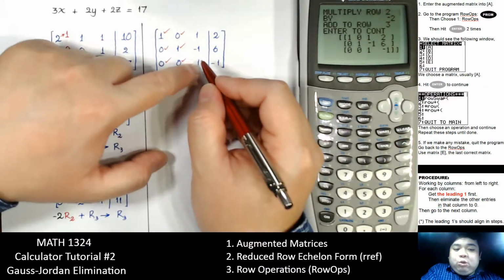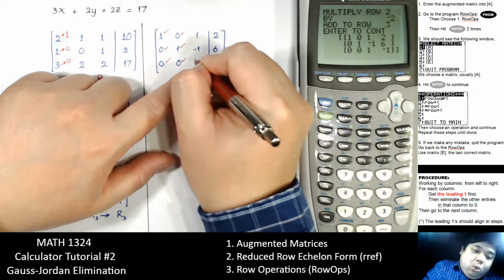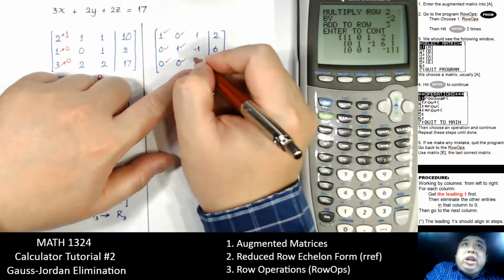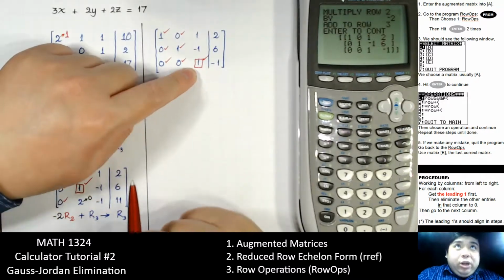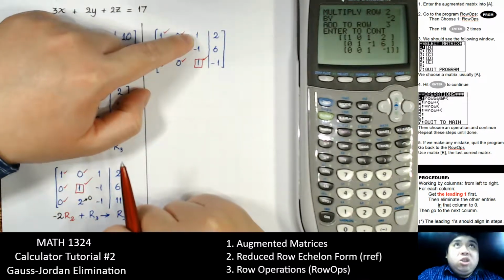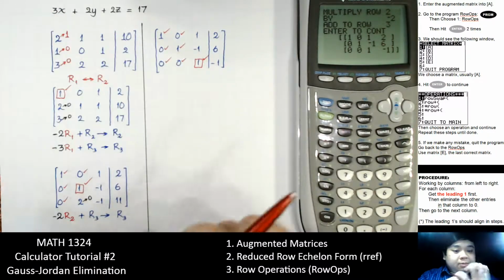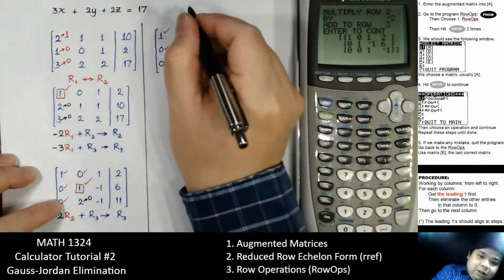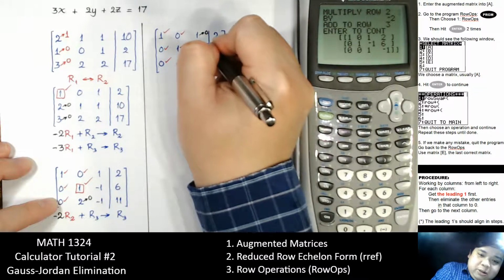Since the 1 has to align in steps, we need to have the 1 here, which we already have, so which is good. What we need to do after that is turn this to a 0 and turn that to a 0, and then we're done.